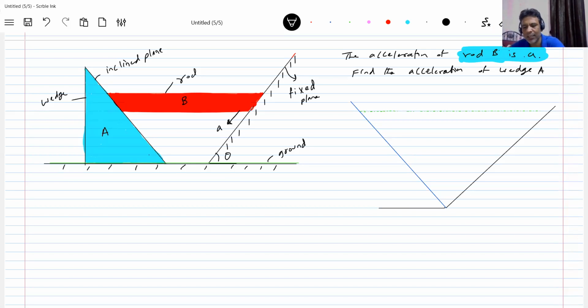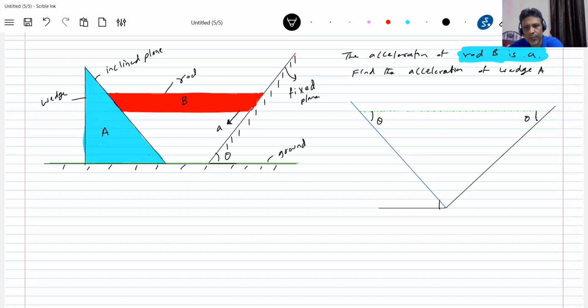This angle is theta. We are very sure this angle is theta, so therefore this should be theta. Then what should this angle be? It should also be theta.